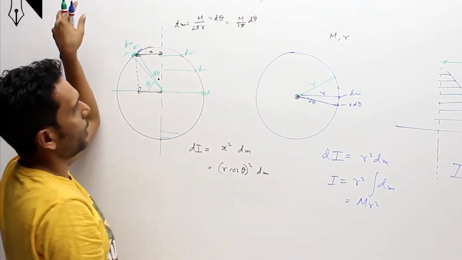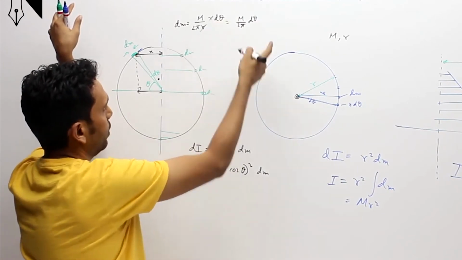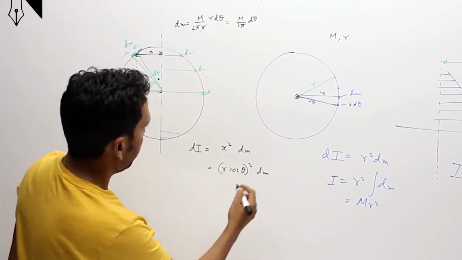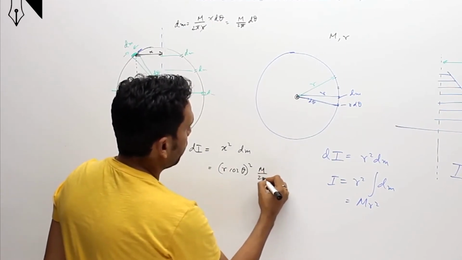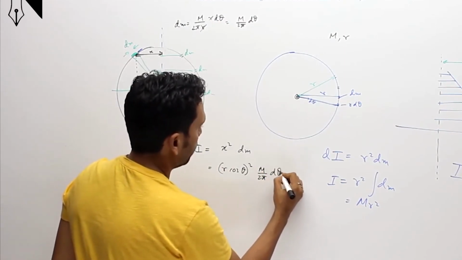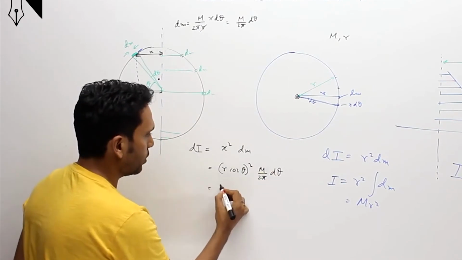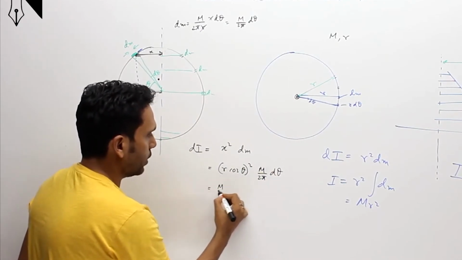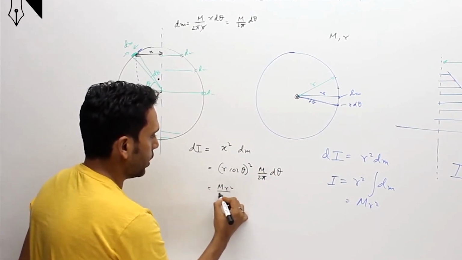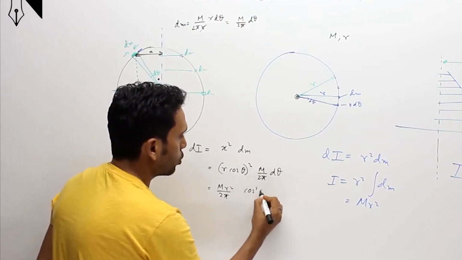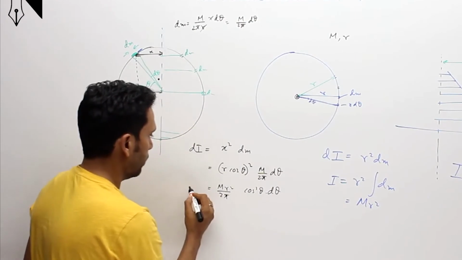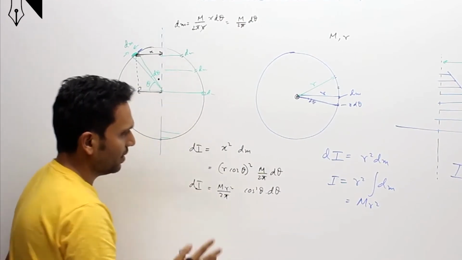So m by 2 pi d theta. Here also you get the same thing. So dm, I'll replace it with m by 2 pi d theta. So what we have is a bunch of constants like m and r square and 2 pi, which go out of the integration, and you have a cos square theta d theta. That's your dI. The rest is integration.